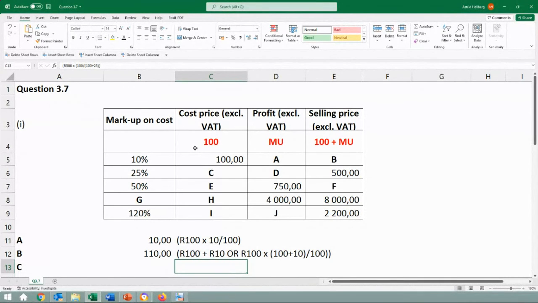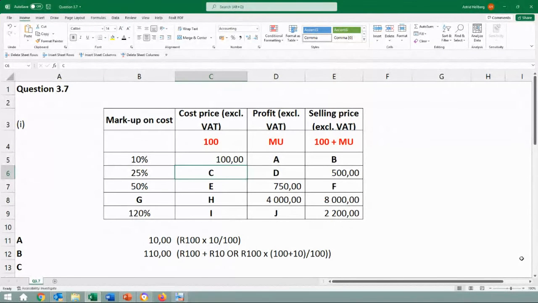Okay, now we're going backwards. Who can tell me what is the answer for C? So what is C's answer? Okay, so Mabali thinks it's 375. Any other takers?